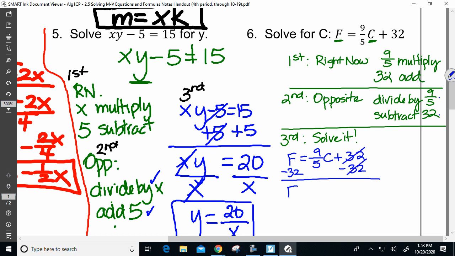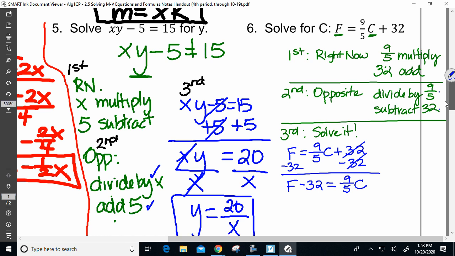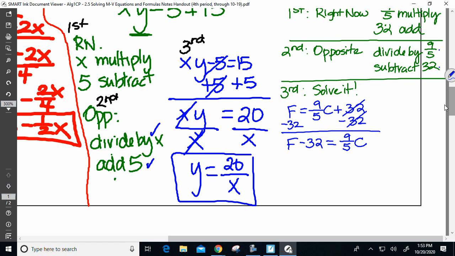So you get F minus 32 equals 9 over 5 C. So we get the subtraction, now we divide. Divide by 9 over 5.